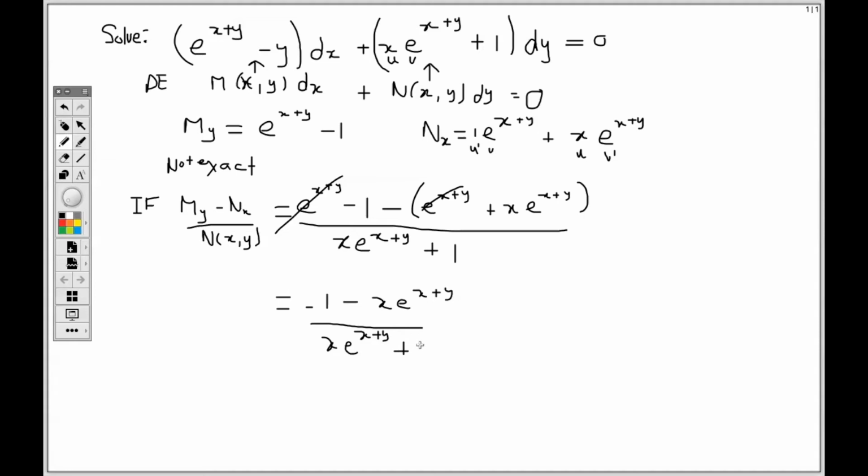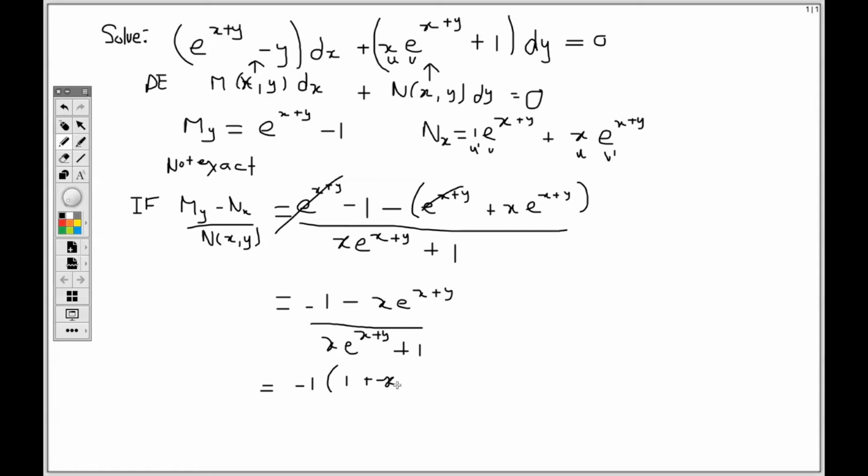In the numerator, I can factor out the negative sign, and then I will have all positive.